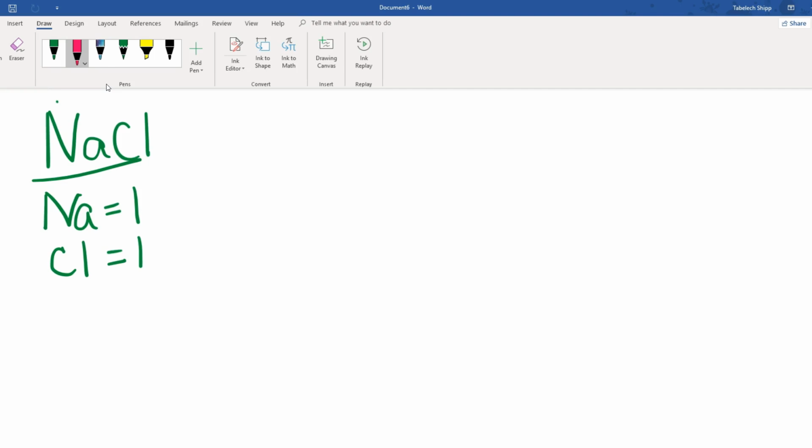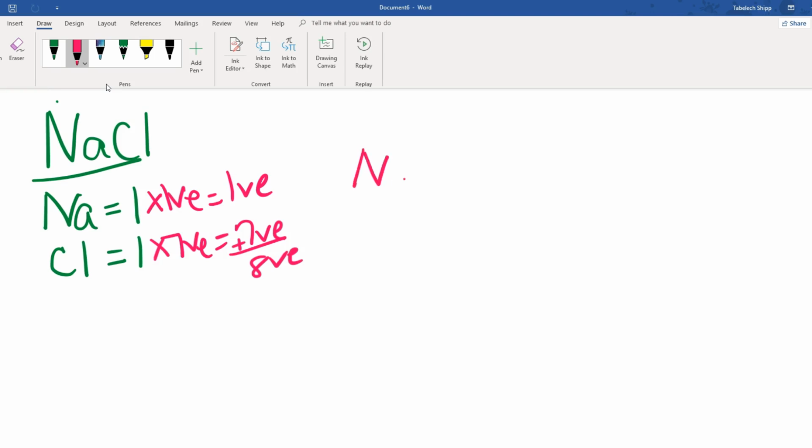So I know that sodium has one valence electron because it is in group 1. I know that chlorine has 7 valence electrons because it is in group 17. So I'm going to add those numbers together and I get 8. Now, this is what I call record keeping or bookkeeping, where you can write down each atom and its contribution in terms of valence electrons.